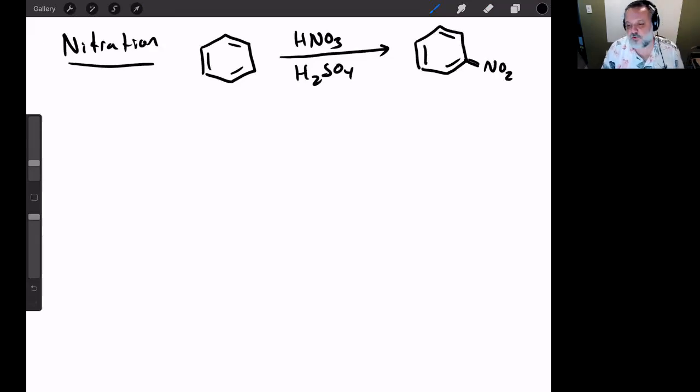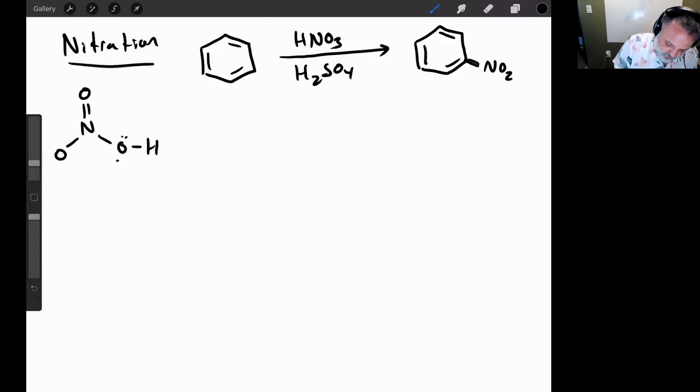So there's nitrobenzene. So that's the basic reaction, and again, it's going to be the exact same mechanism that we've done before. The only difference is how do we create the electrophile.